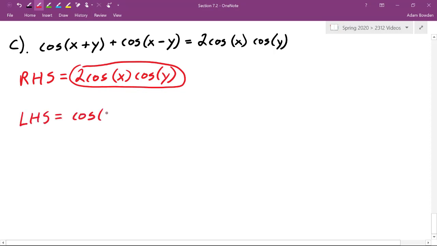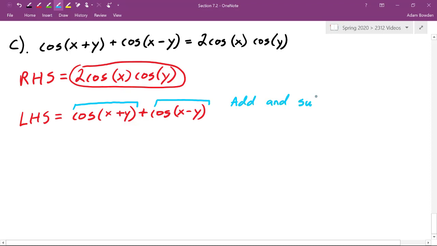What can we do to make this side look like the other side? Well, both of these have trig formulas involved. Basically, one has the addition formula and one has the subtraction formula. So we're going to use both of those for cosine.